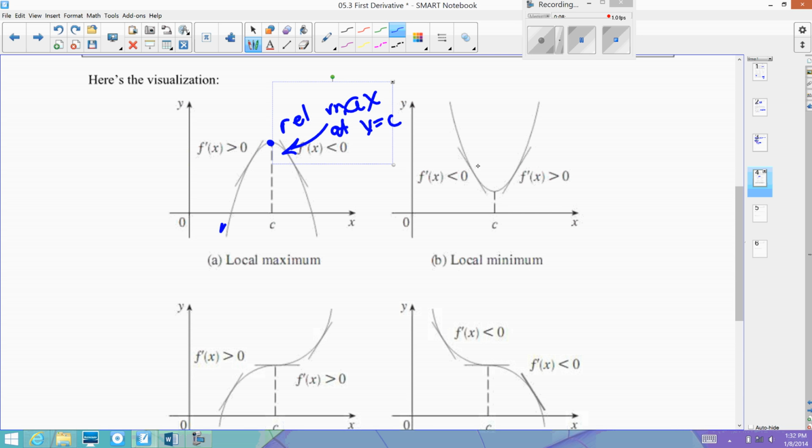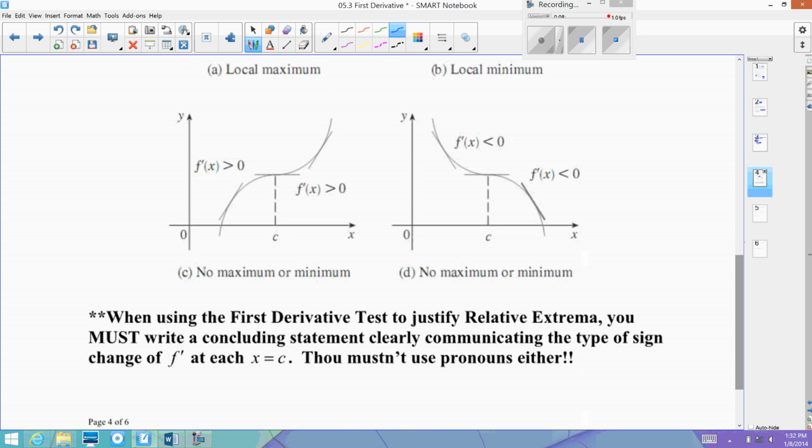If your derivative's negative and it changes to positive, there has to be a relative minimum there. Okay, if the derivative doesn't change signs, if it goes from positive to 0 to positive, then there isn't a maximum or minimum there. All right, we'll talk more about what that's going to be later.